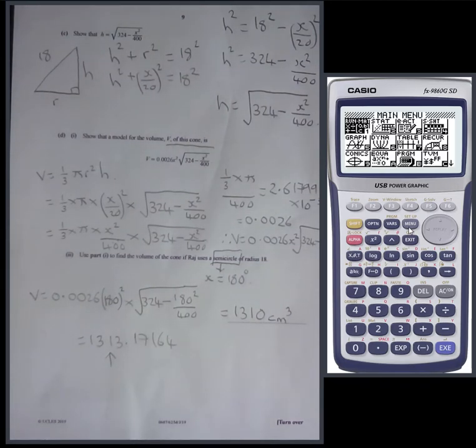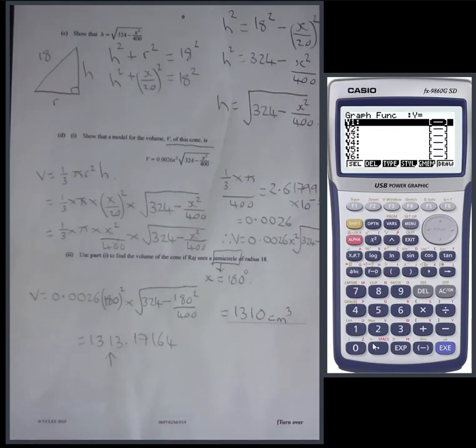So menu, graph, 0.0026 times x squared times the square root of, and if you've got one of the older calculators like me, you need to use a bracket. Just make sure you're taking the square root of everything and not just one thing.